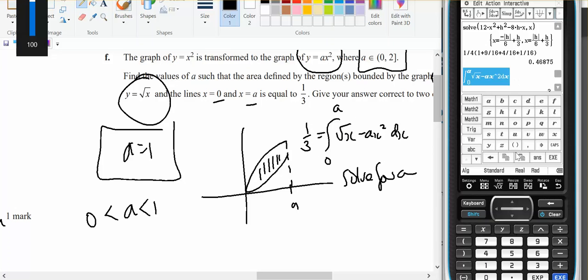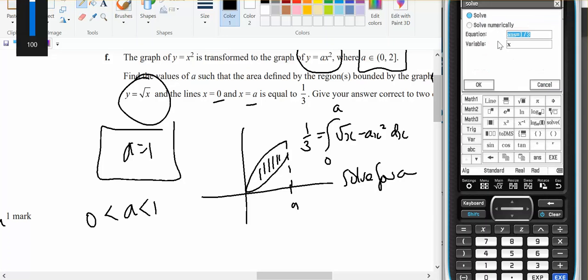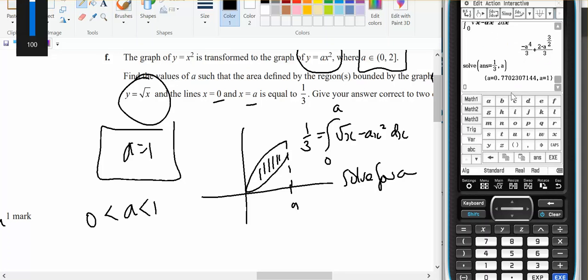I've got that there, so I copy that, paste, execute, make the answer equal to 1/3 and solve for a. And I got 1 correct and 0.7702.